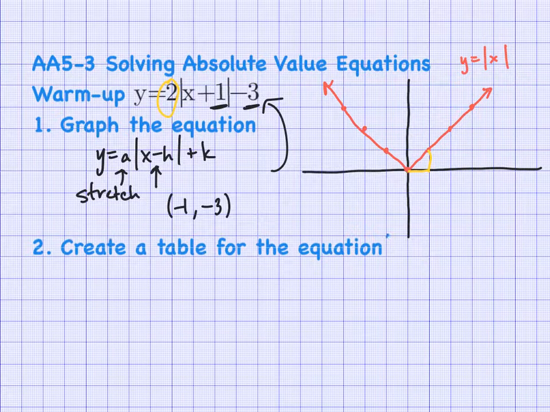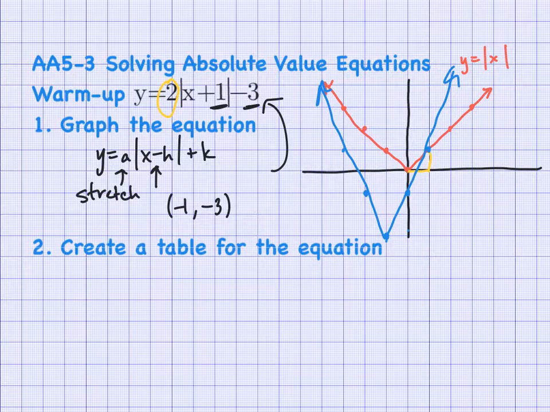And then instead of going out 1 and up 1 in both directions, because the a value is 2, I'm going to go out 1 and up 2 in both directions. So this is my transformed absolute value, the one in blue, and that got a little messy after a while.